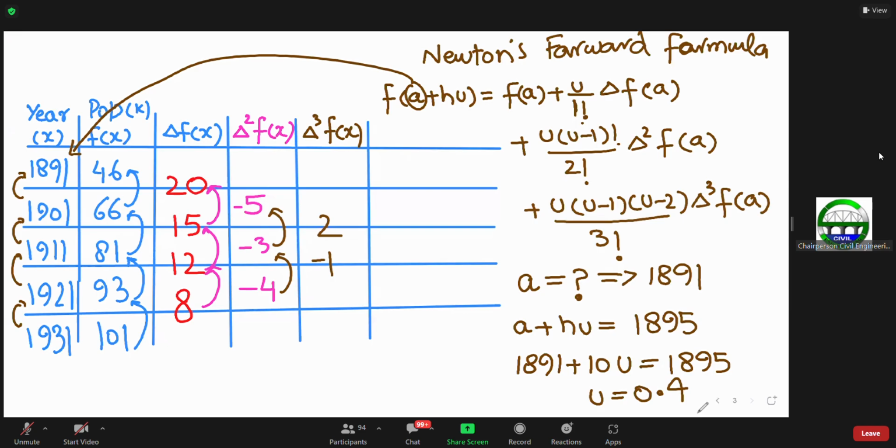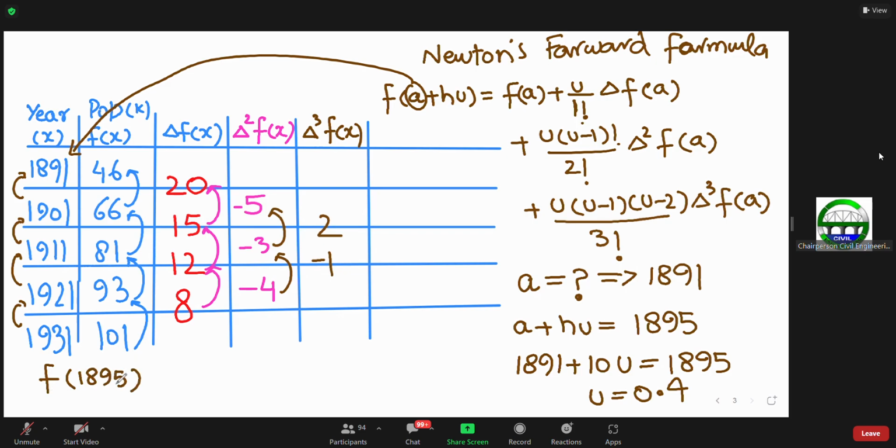Right? So now, can we try to solve this one? Put the value of u in here. So now this equation will be f of a plus hu, which is already 1895.